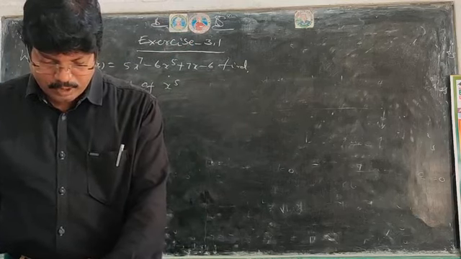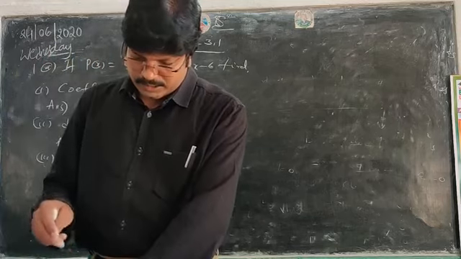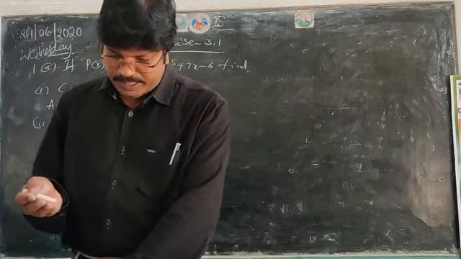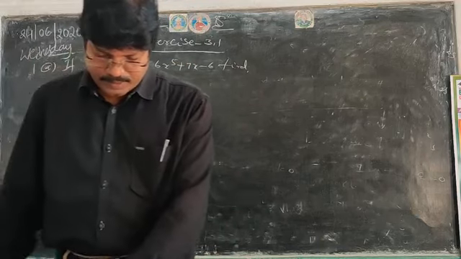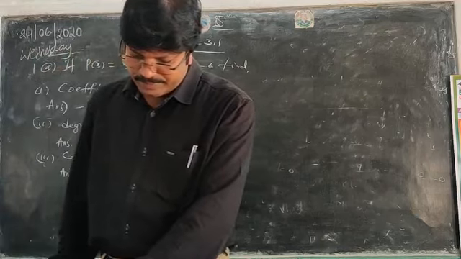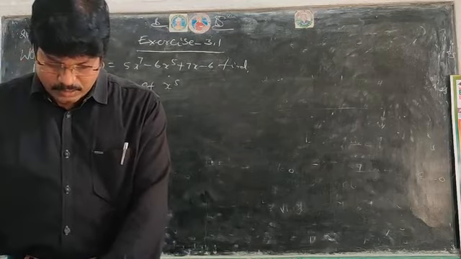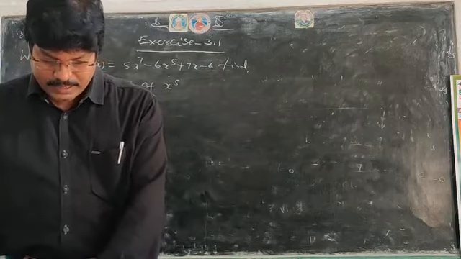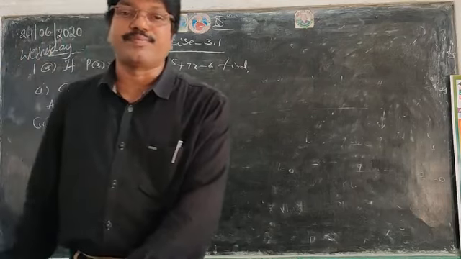The coefficient of x square in the polynomial p of x equal to 3x cube minus 4x square plus 5x plus 7 is 2. This is also false, because what is the coefficient of x square? The x square coefficient is minus 4.